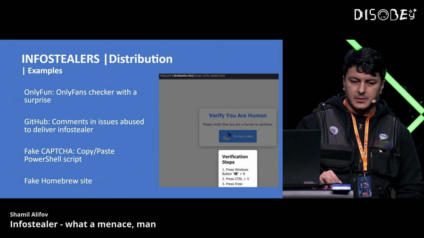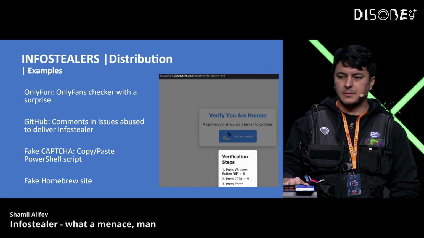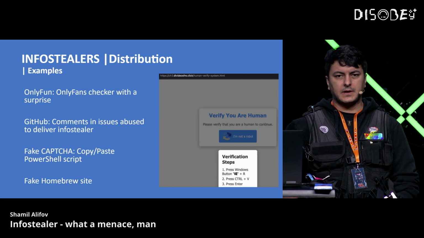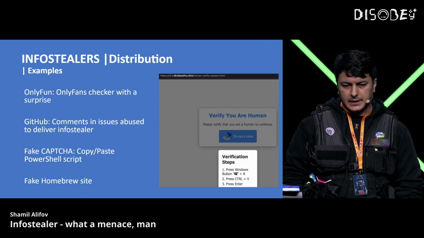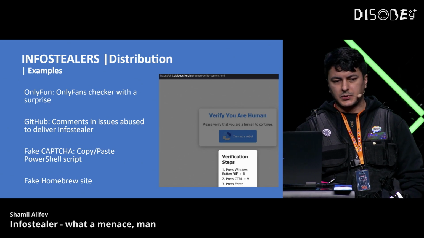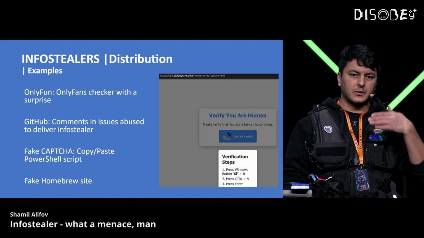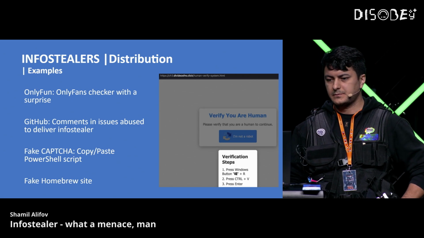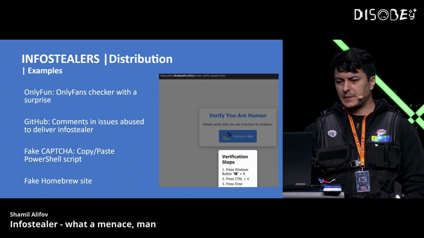Few examples about the distributions that were in the media, from Bleeping Computer. Always reading that. First one is OnlyFun. It was a kind of software that you can install and then put the credentials for OnlyFans accounts, and that software will go and check if the account is alive and how much money is there. But it came with a surprise in the form of a Lumma Infostealer.